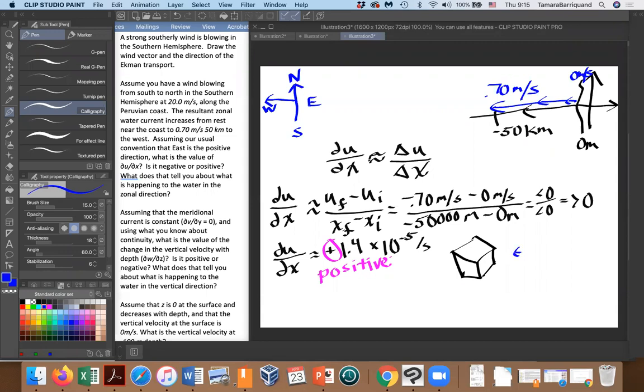So we're starting out at rest and we're increasing as we get into our box.